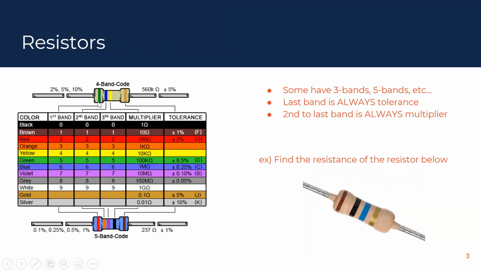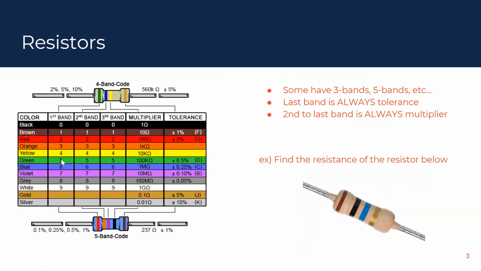Okay, so now we're going to analyze the other bands. In this case, this is a 4-band case. So we're going to look at the first band and the second band, and there is no value for the third band. So we're only going to consider those 2 numbers. In this case, the first band is green, so we keep track of the number 5. The second band is blue, so we keep track of the number 6.